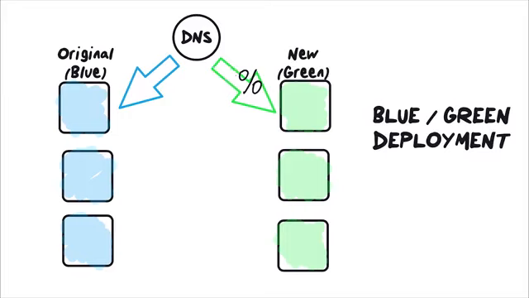Maybe it's with 5% of the traffic at first, and then 10%, and then 30%, and so on until all of the traffic is on the new environment. The benefit that you get is a smaller impact should errors start to occur, and you have the same rollback ability that you get with the red-black deployment styles.